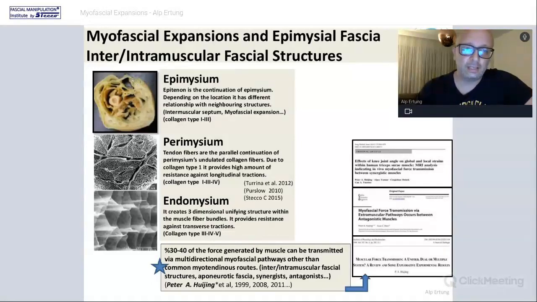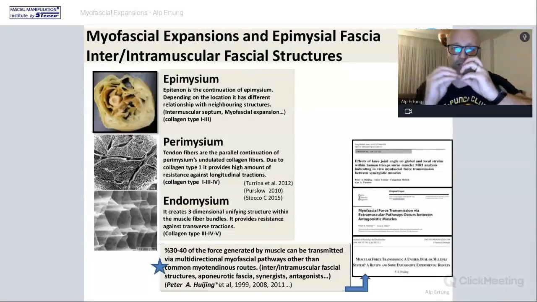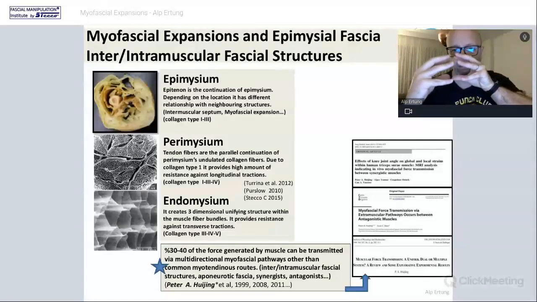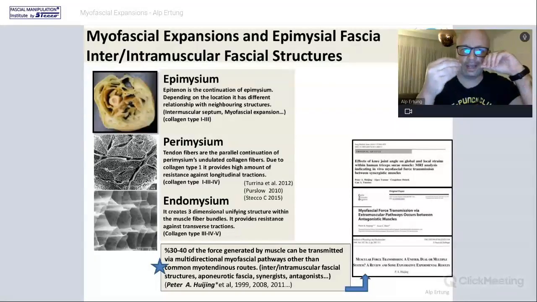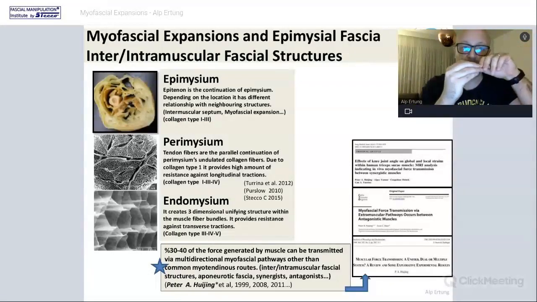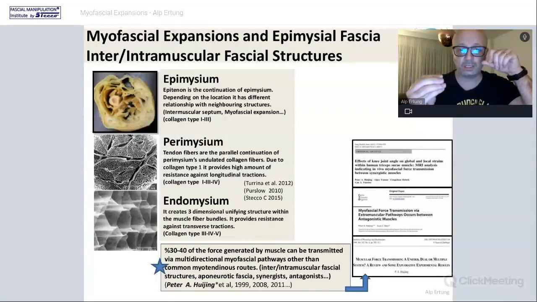To understand the relationship: under the epimysial fascia we have epimysium, perimysium, and endomysium. They are all connected with each other because they are in the same structure when we are talking about a muscle, and the muscle spindle cell is mostly connected with the perimysium, and it gets the information coming from the length change and everything.